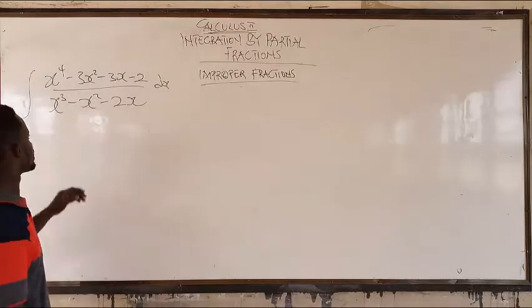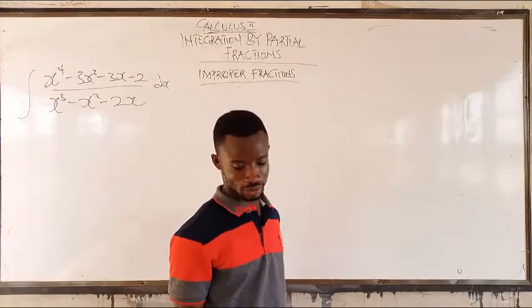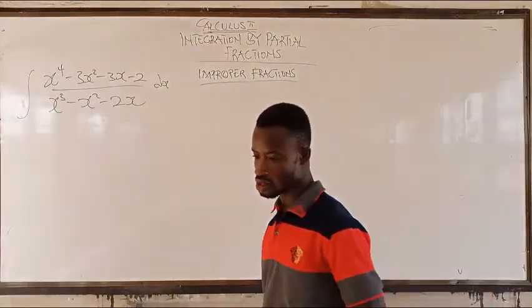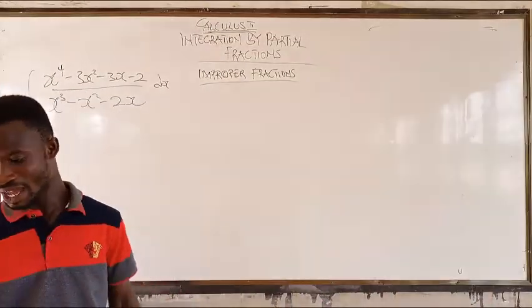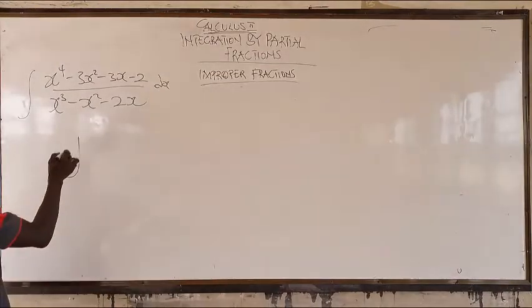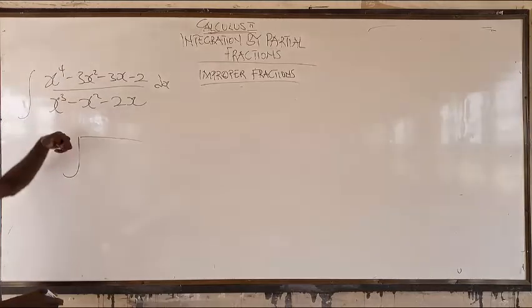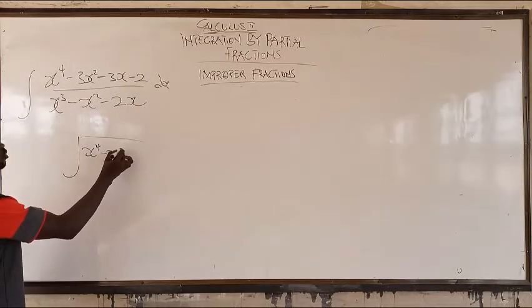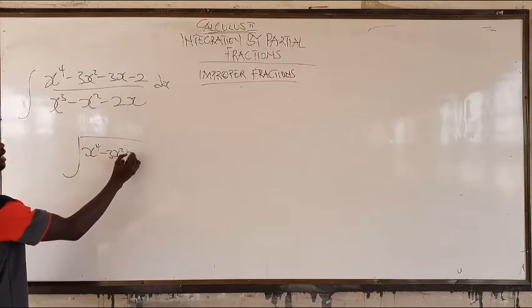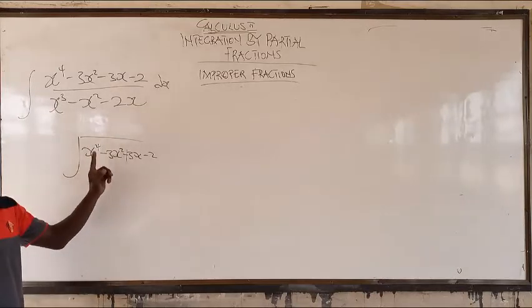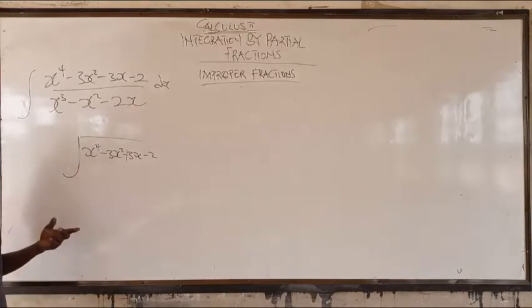In fact, I have taught you a lot, so you should be able to pause the video and solve it on your own. The first thing to do is to note that this is improper. Straightforward: s to the power 4 minus 3s squared minus 3s minus 2. The power of 3 is not there, so you can bring in 0 s to the power 3.